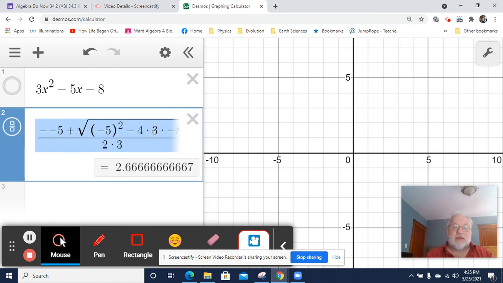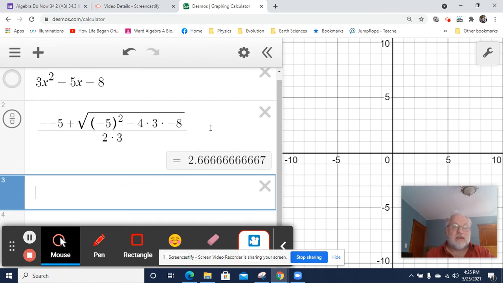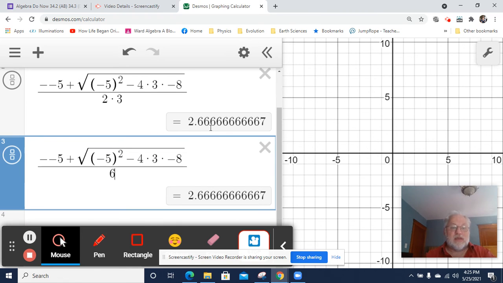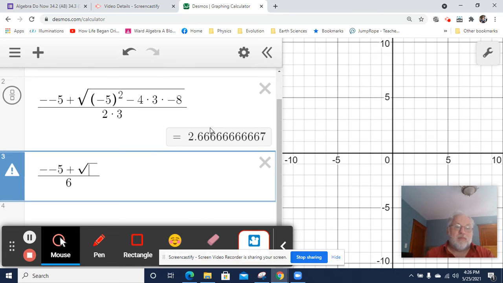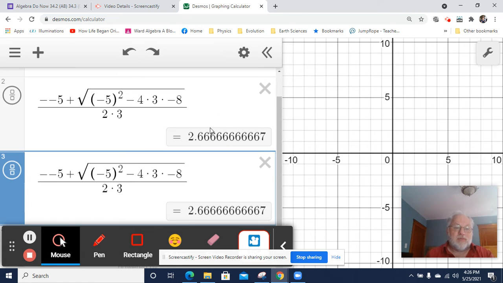Let's start simplifying this thing, though. Okay, I'm going to copy that. And we'll start by simplifying the denominator. That's going to be 6. And we already worked out that the numerator, that this square root here, was going to work out to 121. Actually, I'm going to go ahead and work it out here.